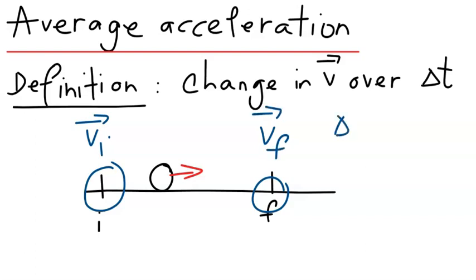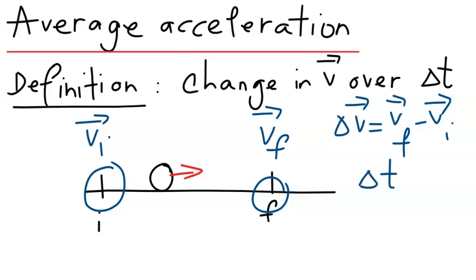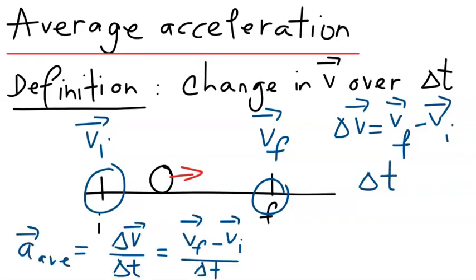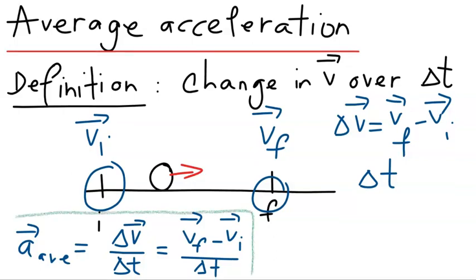So the change in the velocity over these 2 points is v f minus v i. And let's say it takes delta t seconds for the change to occur. The average acceleration is given by the following expression, v f minus v i over delta t.